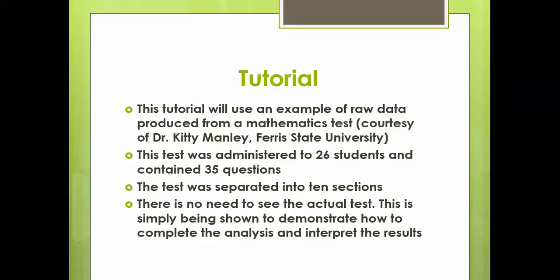The test was separated into 10 sections, and for this, there's really no need to have the actual test. I don't even have it. I'm just showing the process of making the analysis. Obviously, if you do this yourself, you'll have your test, so you'll be able to look at it. But just for the sake of showing everyone how to do this, it's not important that I have it.